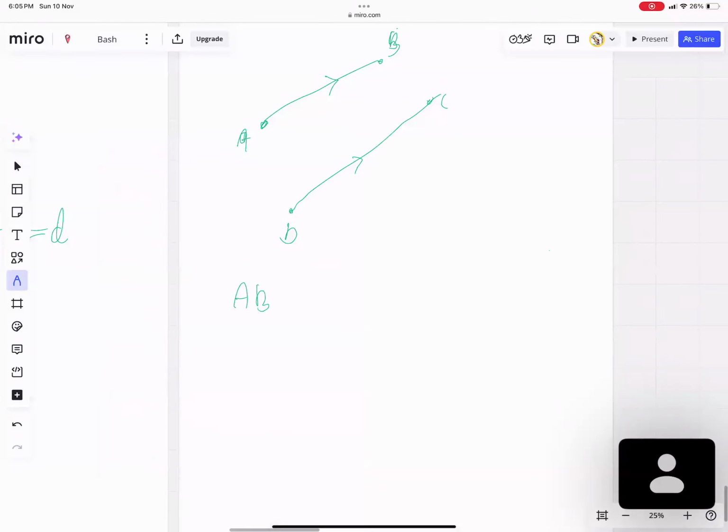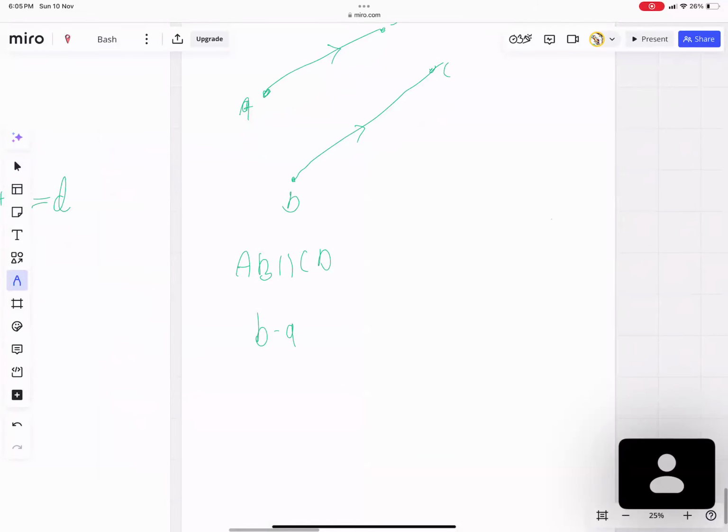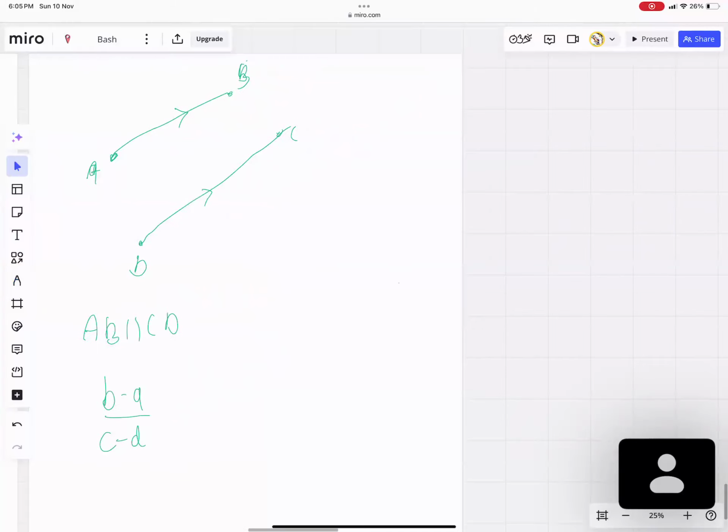We have that AB is parallel to CD when (B minus A) over (C minus D) is a real number. This is because one very common thing you want to do in complex numbers is treat everything like a vector. So C minus D represents the vector going from D to C, and the complex number B minus A represents the vector from A to B.